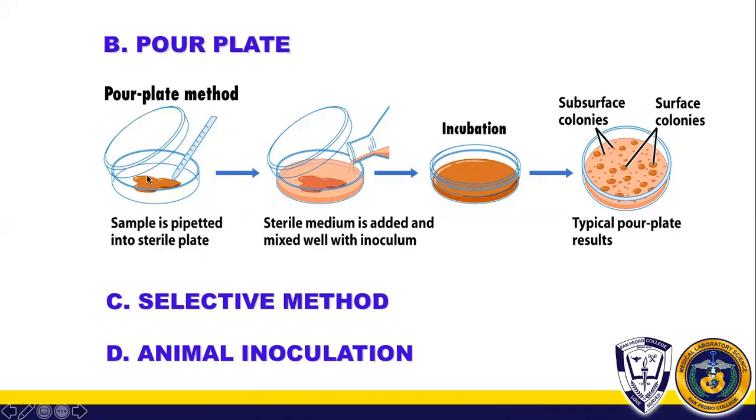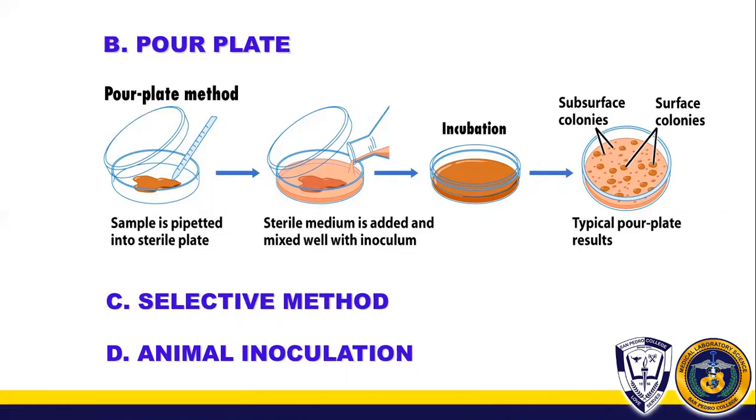So place 1 ml of the sample in a sterile empty Petri dish, and then add the slightly warm culture media, swirl them together to mix them properly, incubate them, and then observe for growth the next day. Of course, since you were able to mix the specimen together with the agar, growth will be observed not only on the surface, but there are also subsurface colonies.